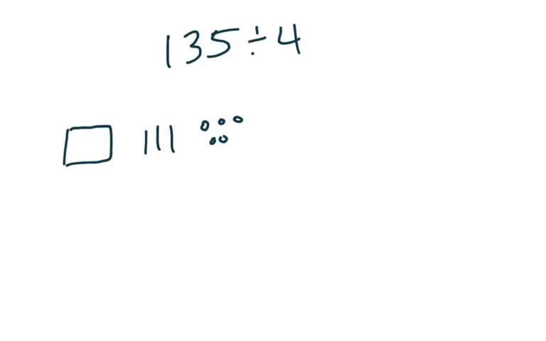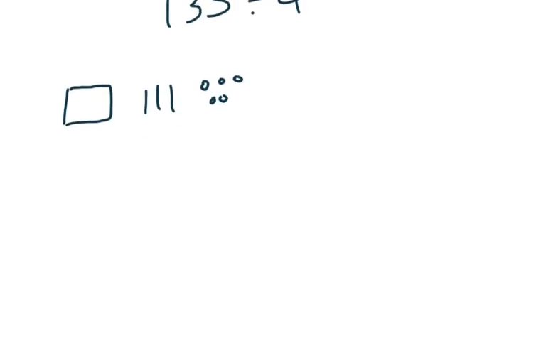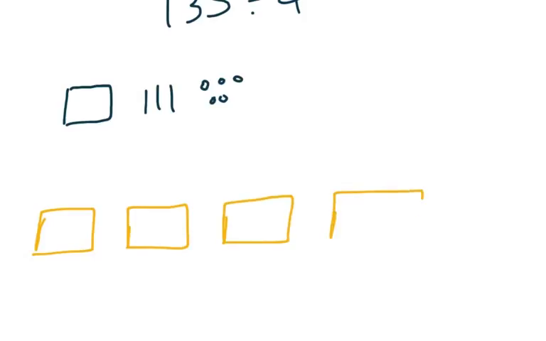So we're looking at 135 divided by 4. What I'm going to do is put my 4 groups in yellow. Now, when I look at this, I see that I can't share that hundreds flat among those 4 groups.